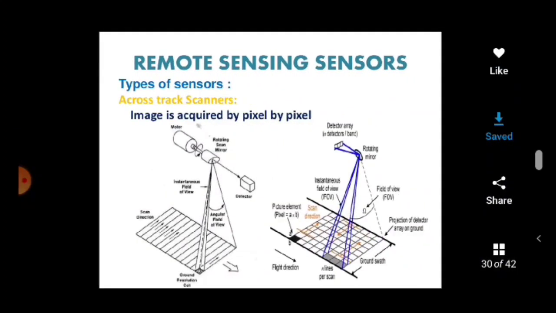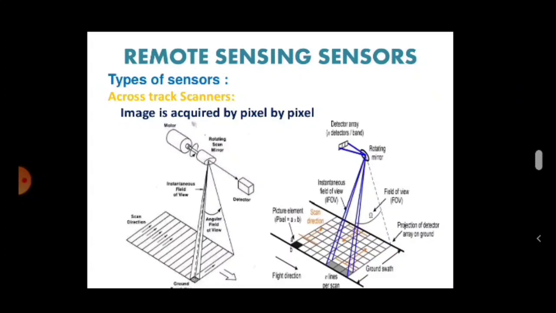These are scanned in a series of lines, and these lines are oriented perpendicular to the direction of motion across the swath. Each line is scanned from one side of the sensor to the other using a rotating mirror. But when it comes to along-track, we don't use a rotating mirror but an array of detectors.